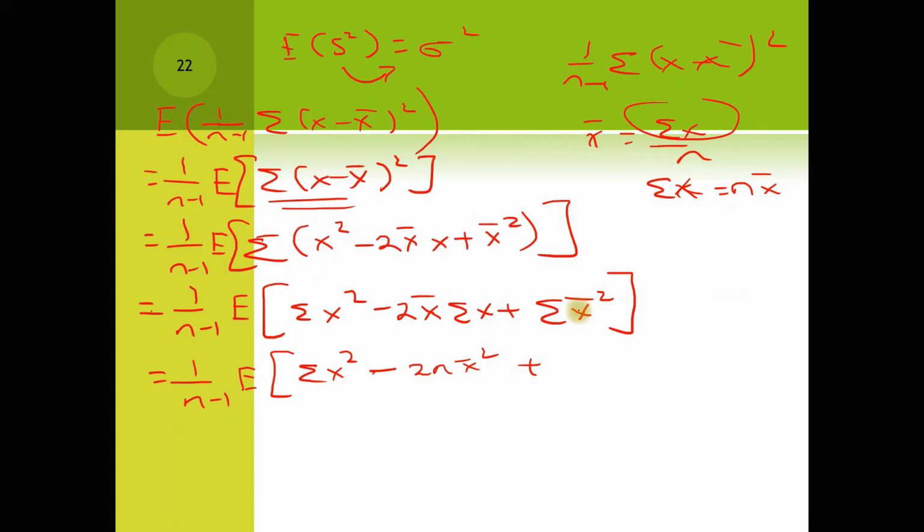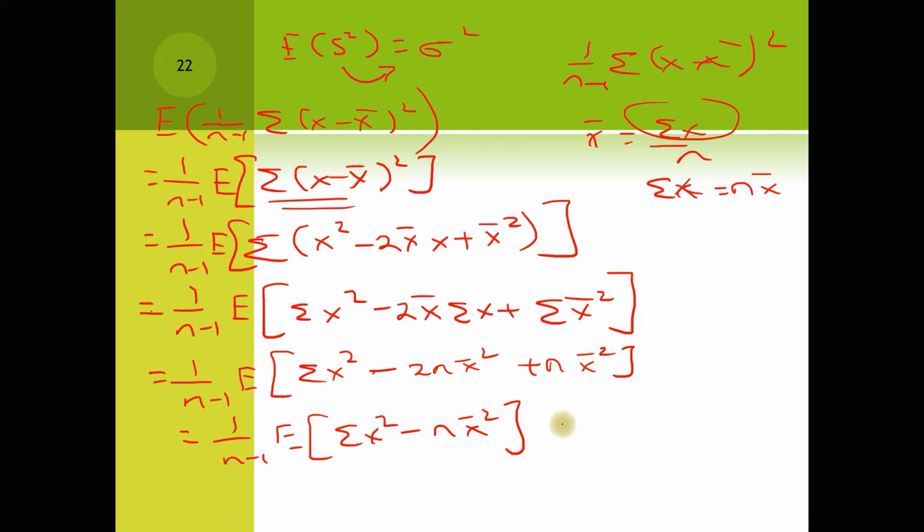So in other words, it is a constant, and if you are summing it n times, it becomes n times the constant x bar squared. So finally, you are left with minus nx bar squared. Why? Because minus 2nx bar squared plus nx bar squared becomes minus nx bar squared.